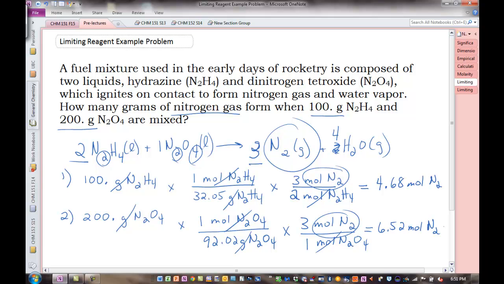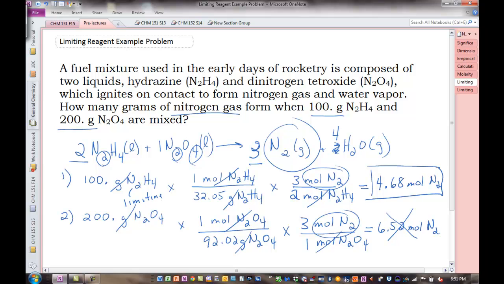So we have 2 answers for the amount of product. Which one is right? Which reactant limits how much product we can get? And we see that the smaller answer is correct. We will never get to that larger amount because the N2H4 has run out.